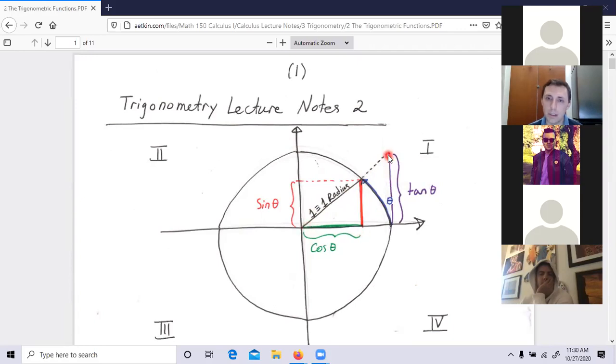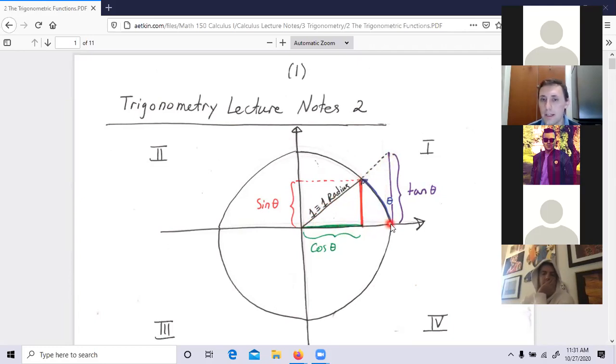Why is this tangent? It's going to be important later on. Yes? The triangles that are marked with red and green, and the triangle that's marked by the black hypotenuse continued by the dashed hypotenuse, are similar triangles. They have the same angle here, right? The same opening. I just extend the radius further.